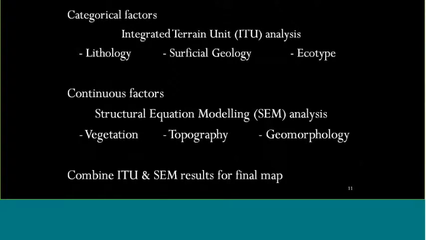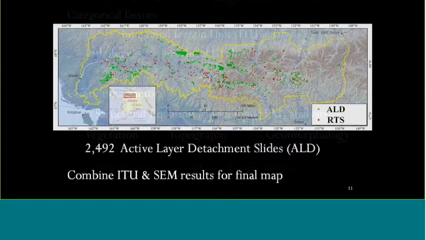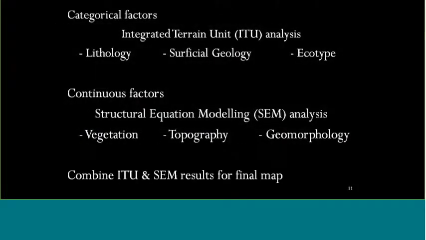So, for example, we had things like lithology and superficial geology, which are divided up into categorical data and ecotype. And then we had things like derived topography, things like slope, elevation, and aspect from DEMs, and things like NDVI. So in order to accommodate both those things, there were two tracks of modeling analysis.